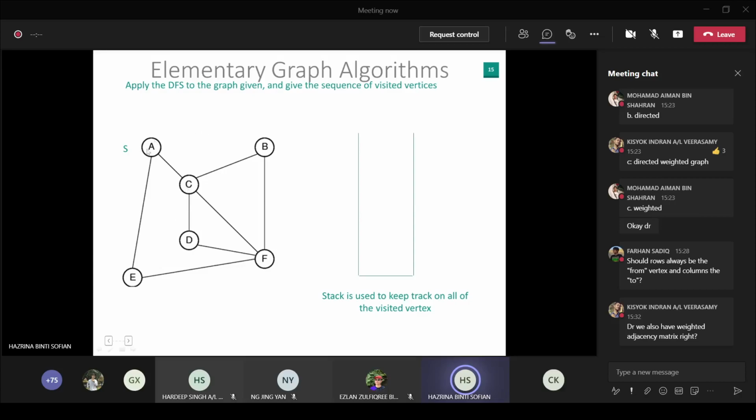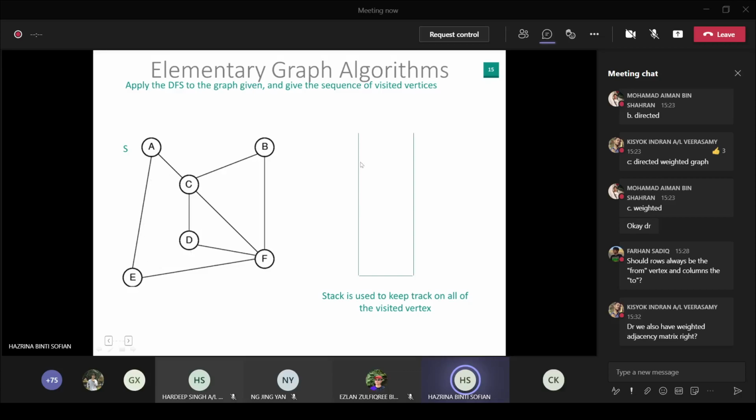In order to do this, we need to make one assumption: as much as we can, we follow the alphabetical order in order to get the shortest path. So here, from A, we should be going to B. However, there is no edge between these vertices. Therefore, we need to settle for less.